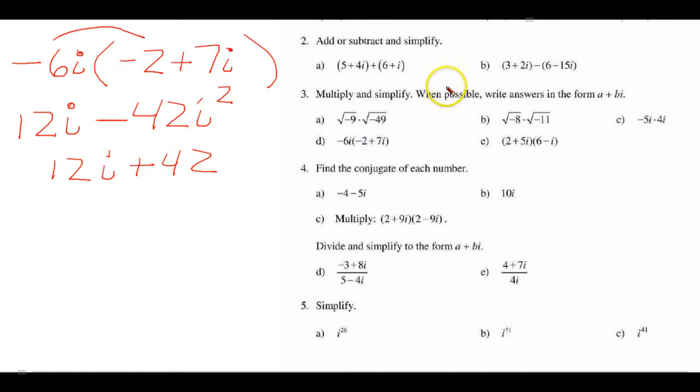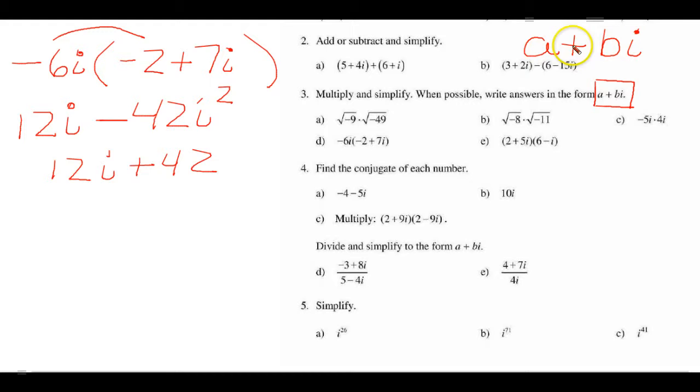Now, what we're looking at here is something I didn't comment on yet. And that is a plus bi. This is the proper form of complex numbers, where a is a real number and the bi is an imaginary number.